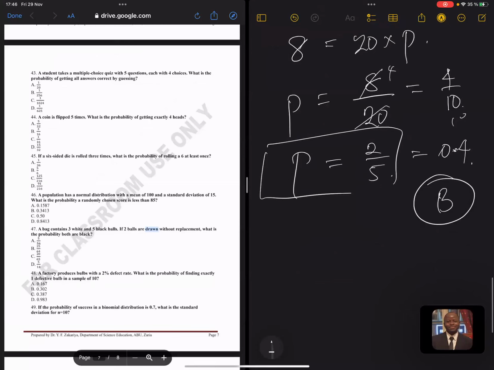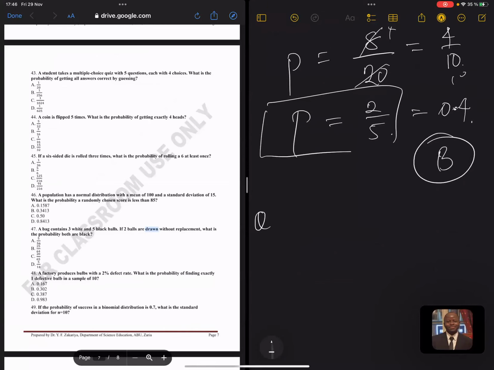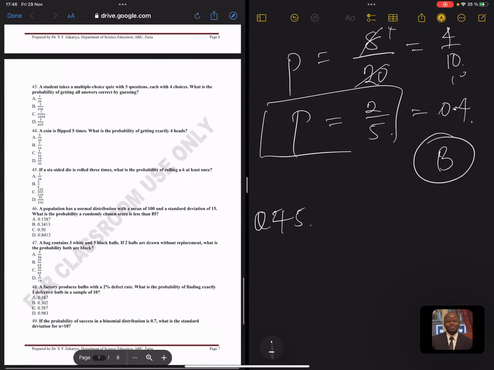Perfect. So question number 45. It says, if a 6-sided die is rolled 3 times, what is the probability of rolling a 6 at least once?